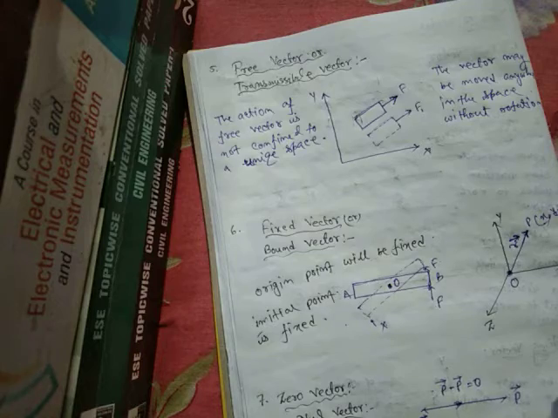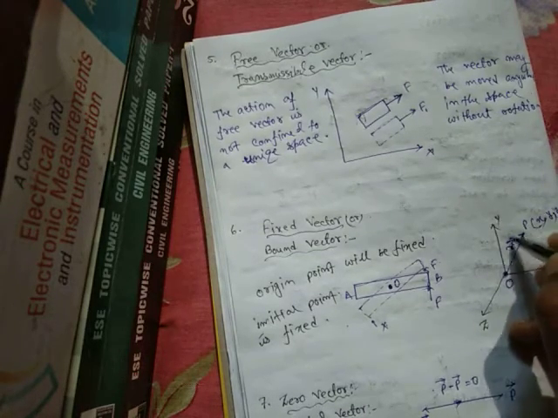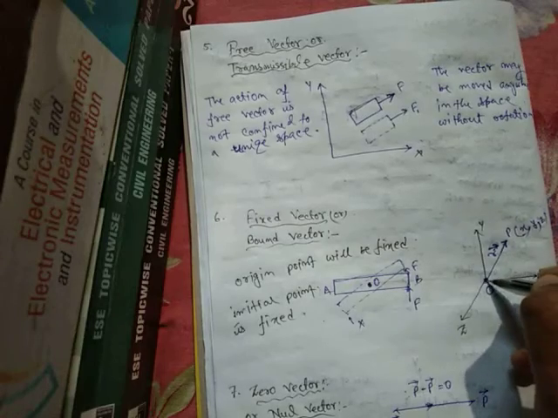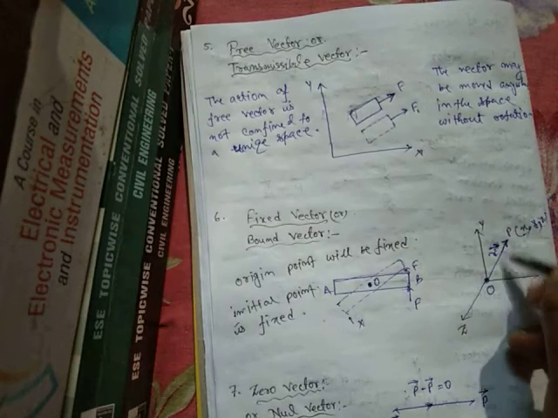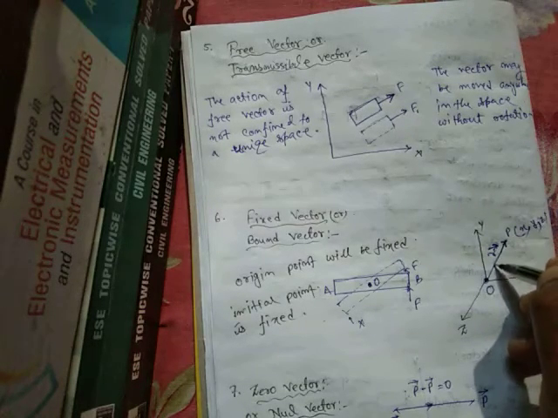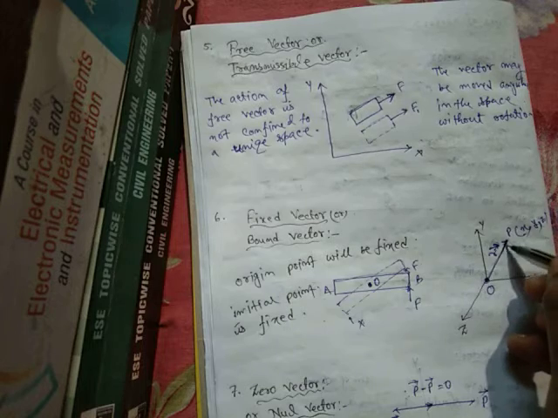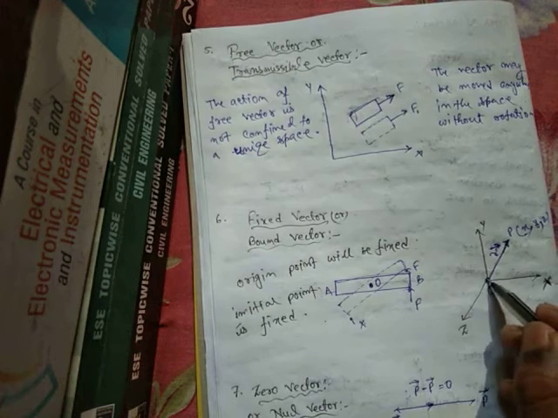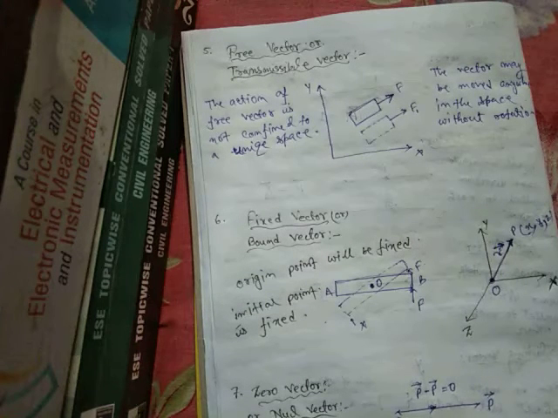R is the vector magnitude of the vector P. The direction O to P is the direction of the vector, and the origin will be fixed. This is the fixed vector.